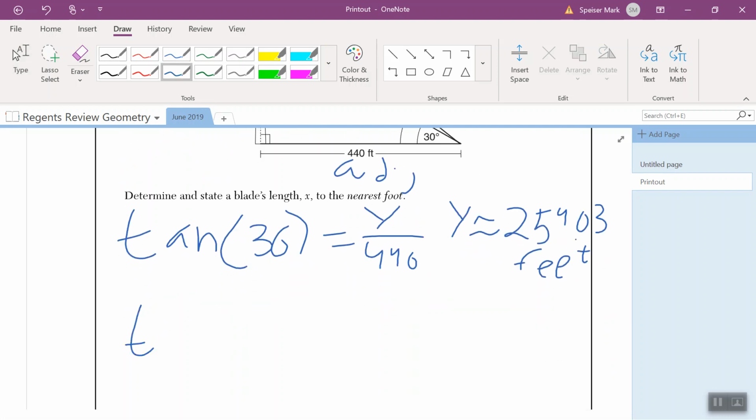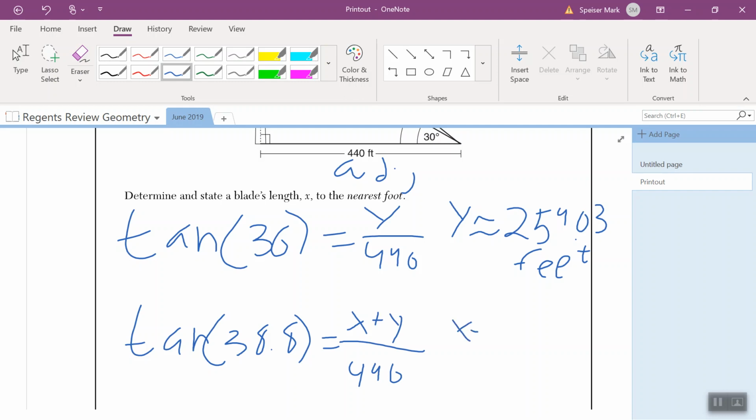Now you do the whole triangle. Tangent of 38.8 degrees equals X plus Y over 440, where X plus Y is approximately 353.77 feet.